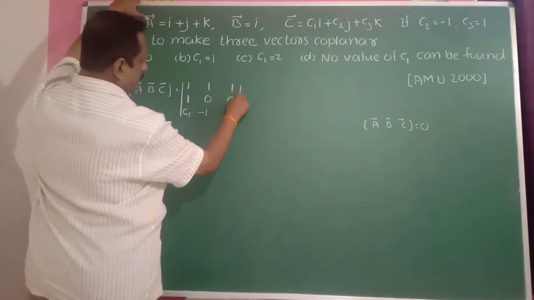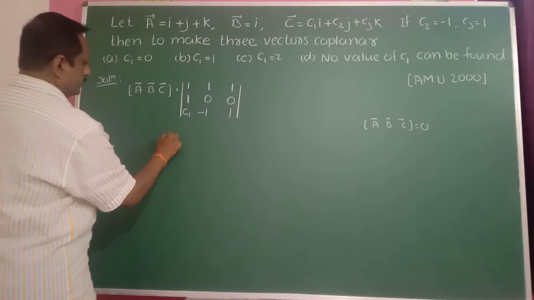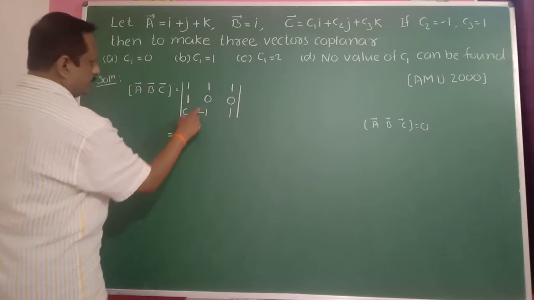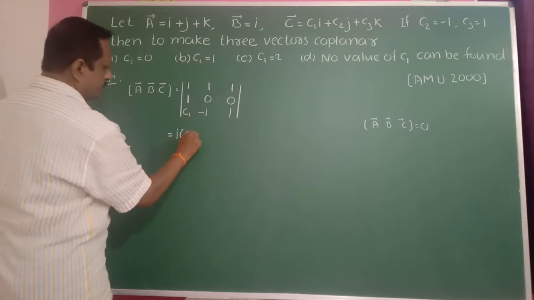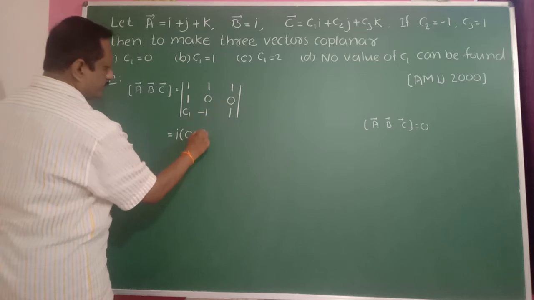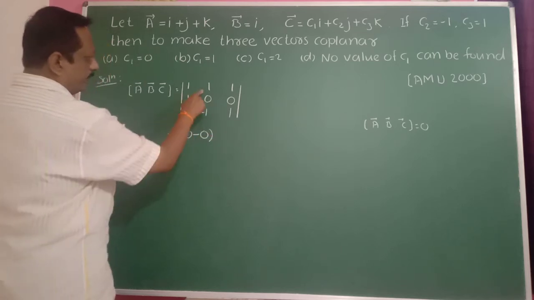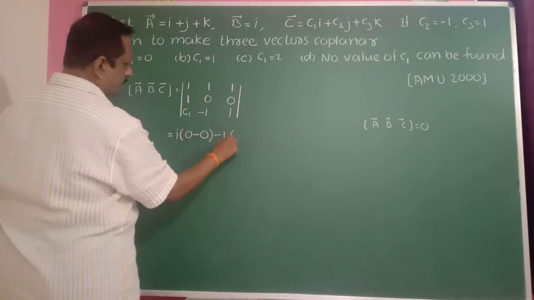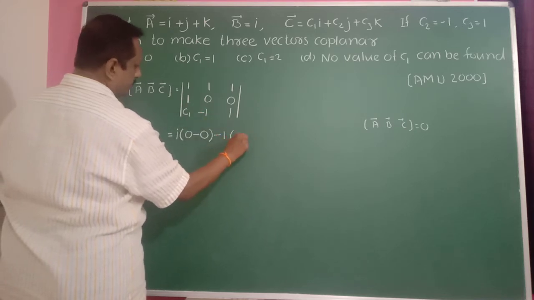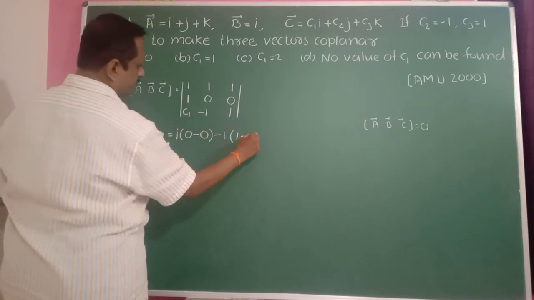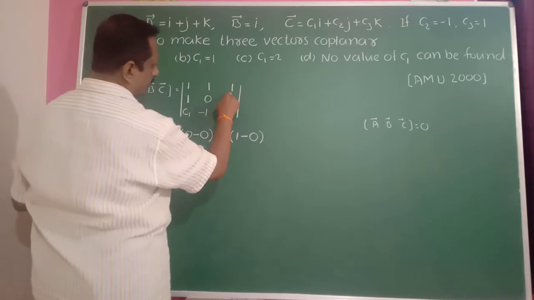Then expand it: i into 0 into 1 becomes 0, minus 0 into minus 1 is 0, minus 1 into 1 becomes 1, minus C1 into 0 becomes 0, then plus 1.